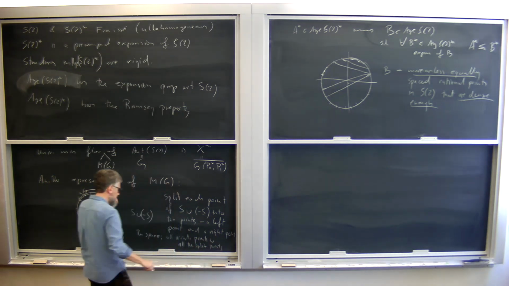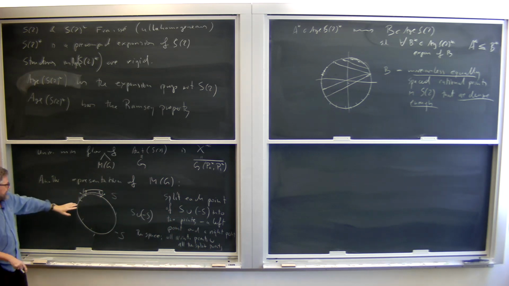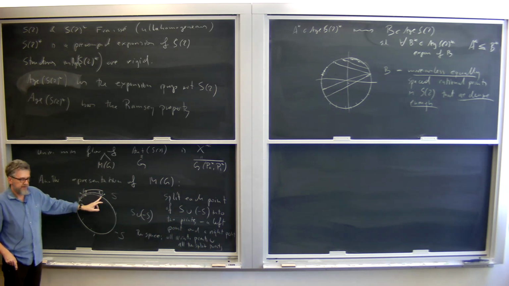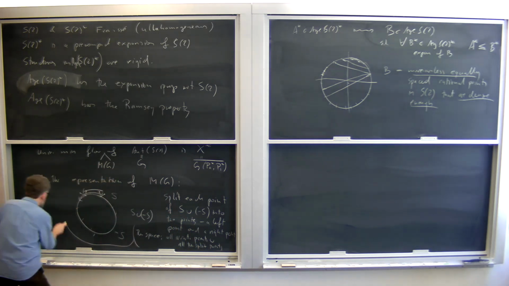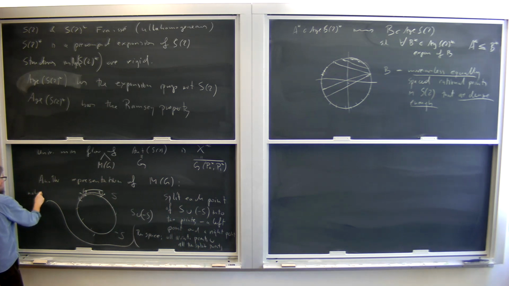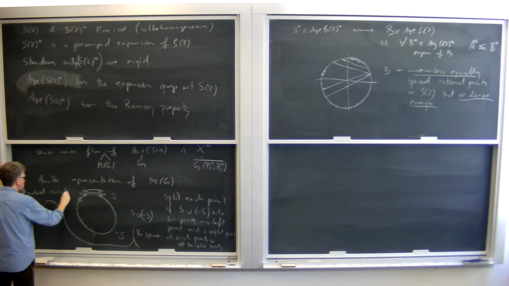So all the pairs; such a point becomes two, and then you put the natural circular order topology.